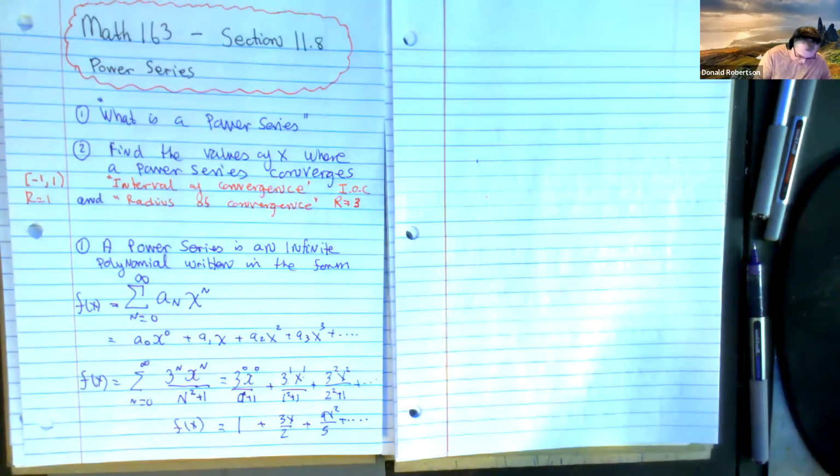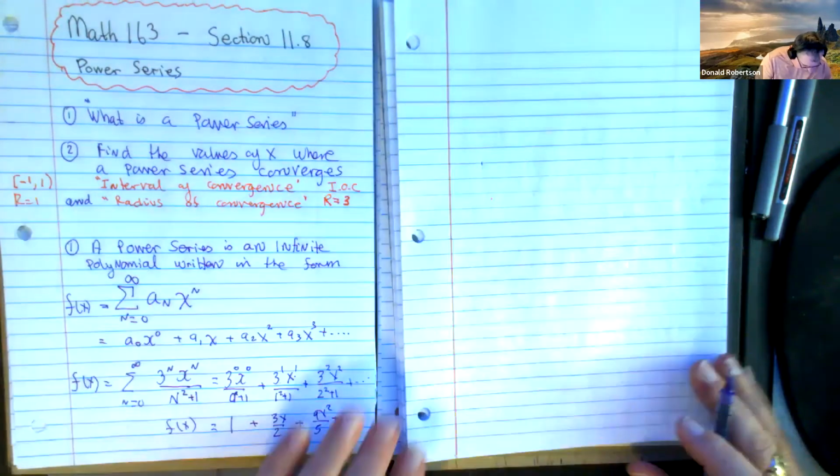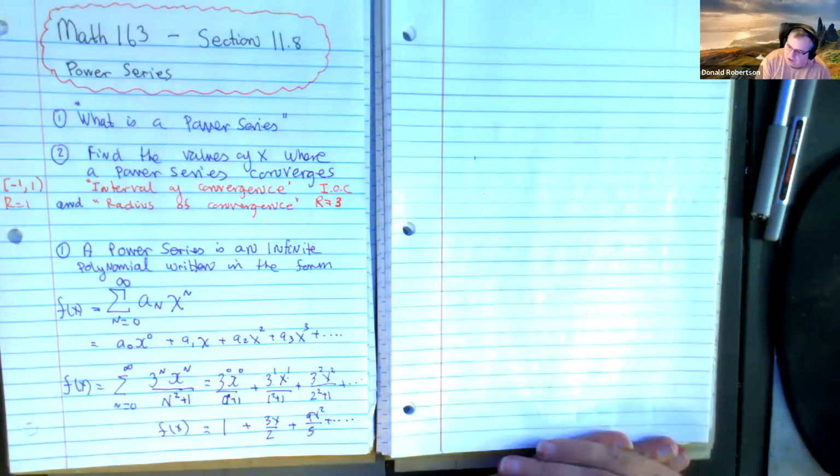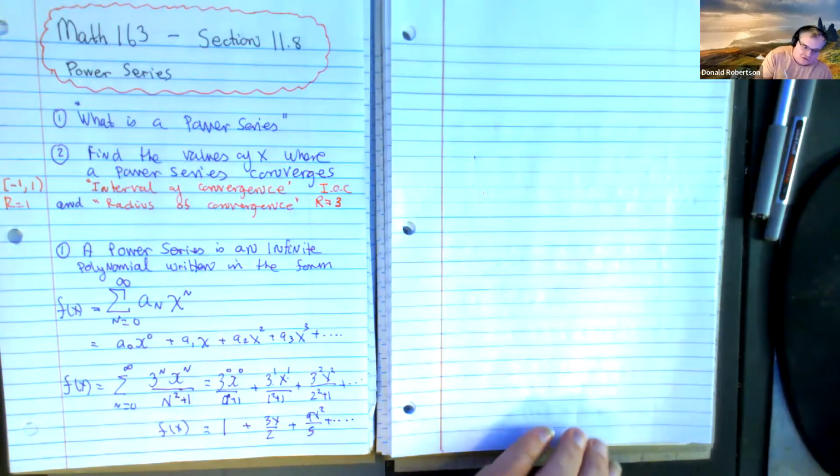So we are only interested in the values of x of a power series that converge. We don't want to know, well, if you plug in 82, it diverges, because that's no use to us. It's not very interesting. What is interesting is, oh, if you plug in x is 2, it converges, or x equals -1, it converges. We're interested in that.